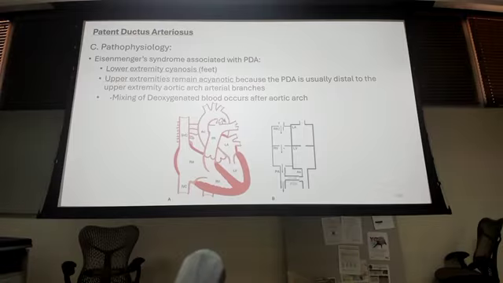So this happens after the arch. So the upper body is going to be acyanotic because it's getting that oxygen-rich blood. But the lower extremities are going to get that deoxygenated blood, and that's going to be problematic.